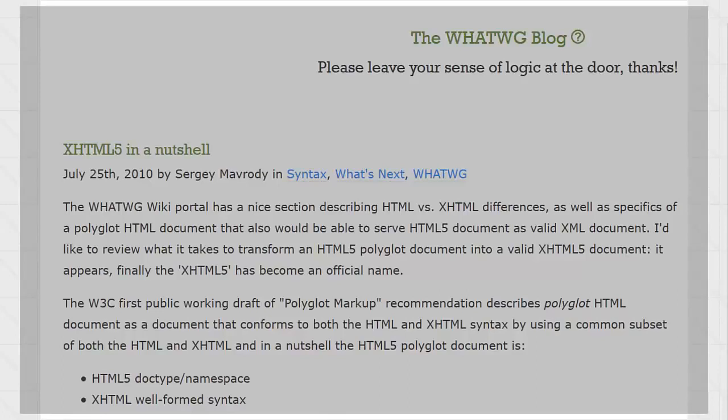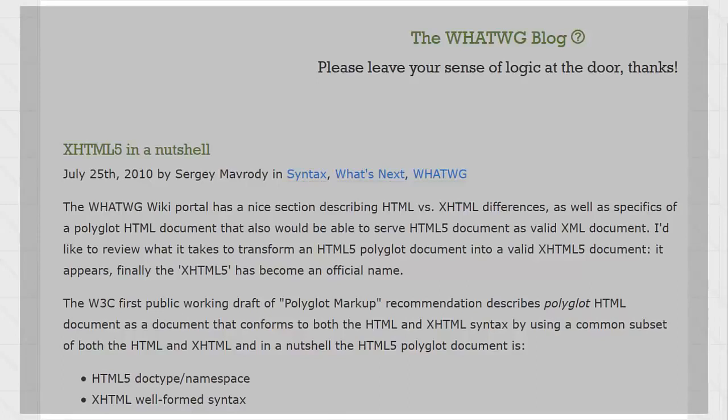So XHTML5 is a subset that includes the XHTML and HTML standards. And it's a polyglot. And I really included this slide because I liked to say polyglot markup, because it combines the document to conform to both standards together into a common subset.